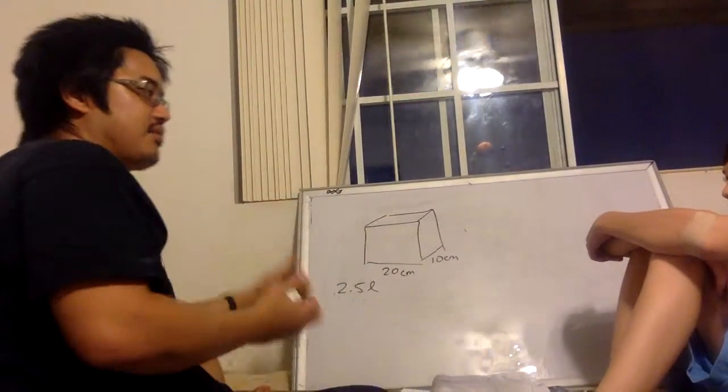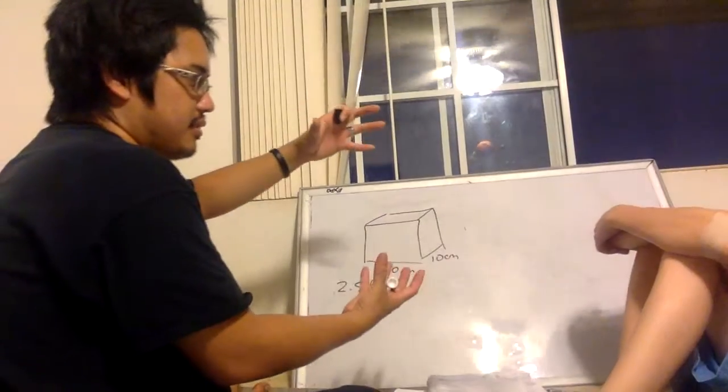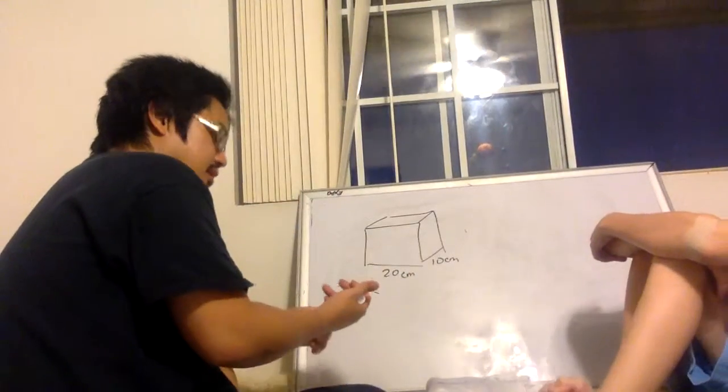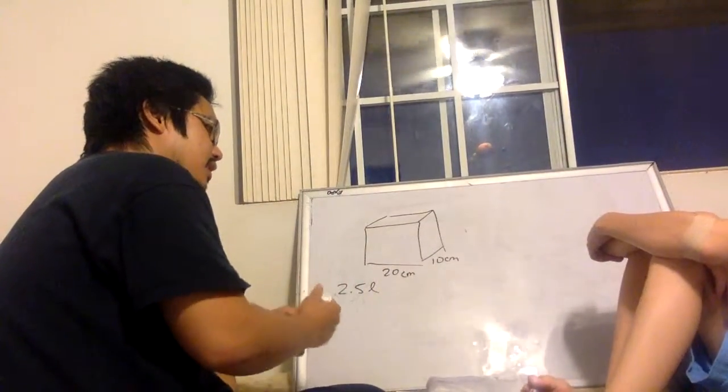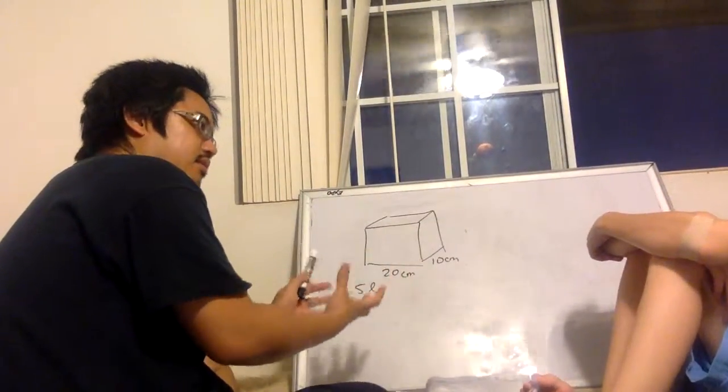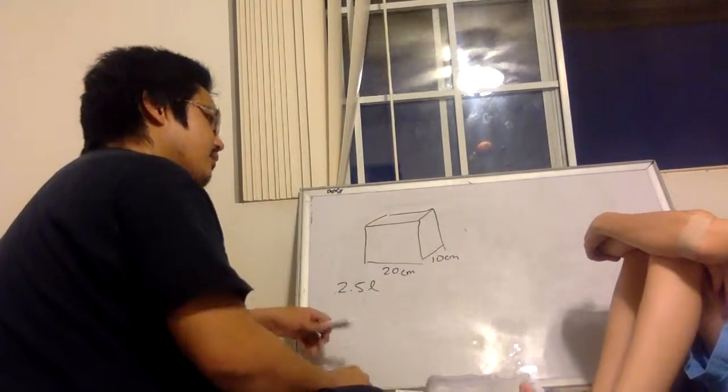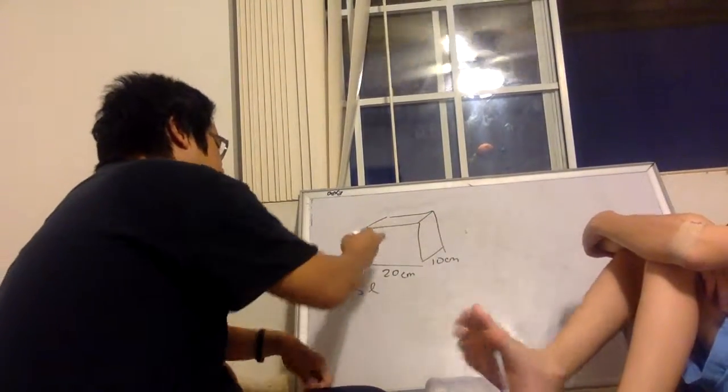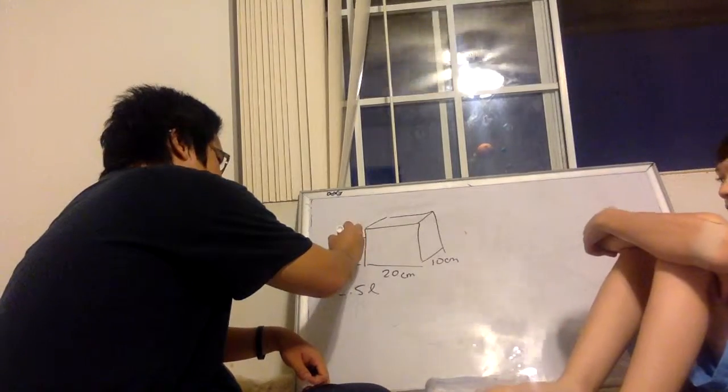Or soda, let's say soda. You know those big soda bottles? That's 2 liters. So maybe 1 1/4 of those soda bottles I'll put inside of this fish tank or whatever. And here's the question, how high is it?